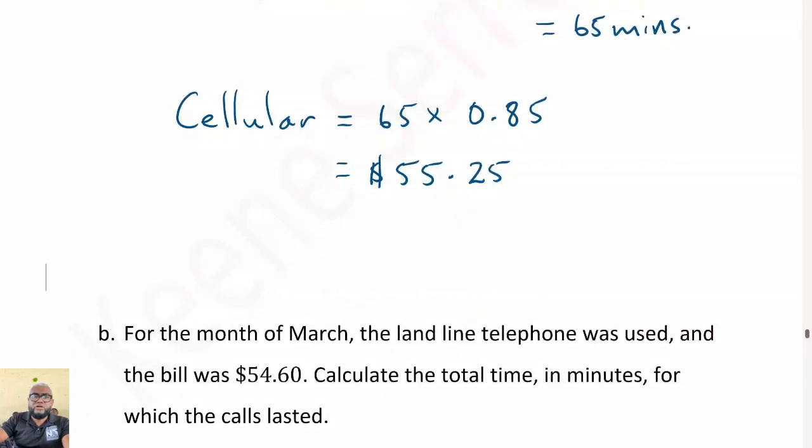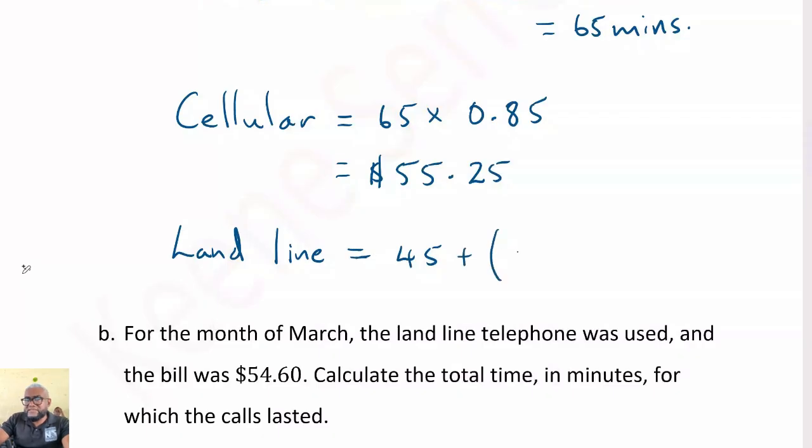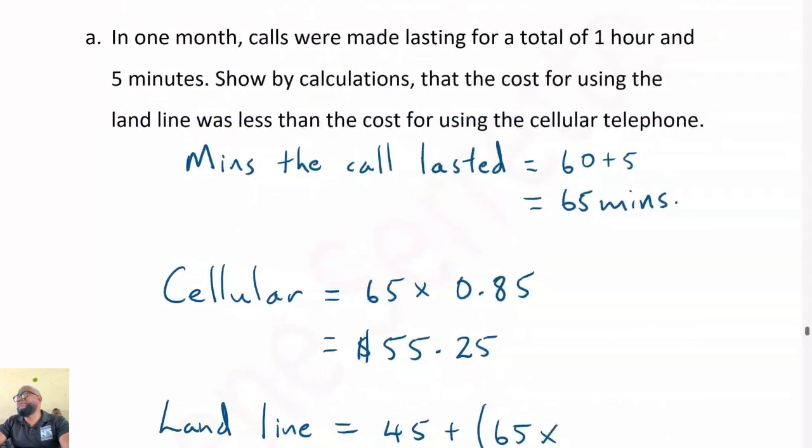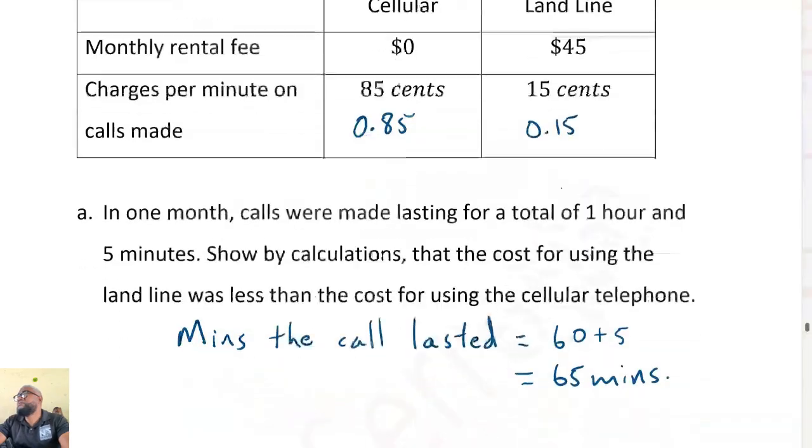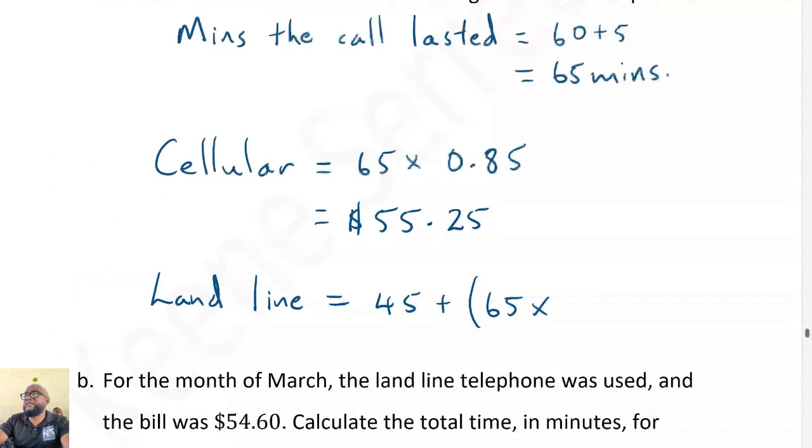Right, let's go. So let's deal with landline. Now the thing about landline is you must add the $45, right? So it'll be 45 plus the same 65 multiplied by the cost per minute for landline, 0.15 or 15 cents. This will give us the total cost for our landline.